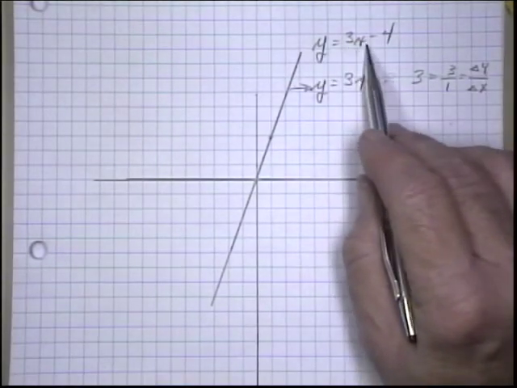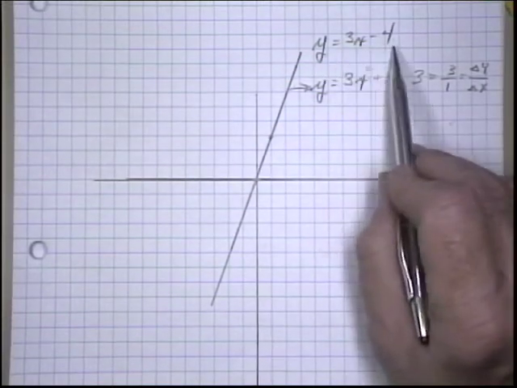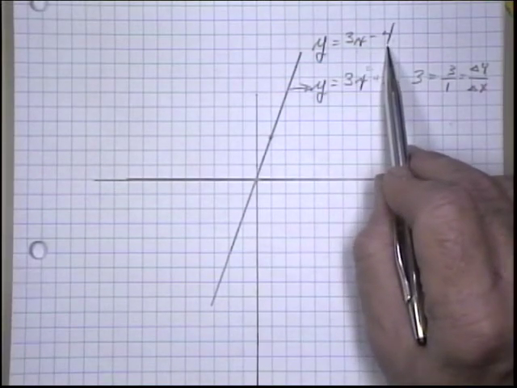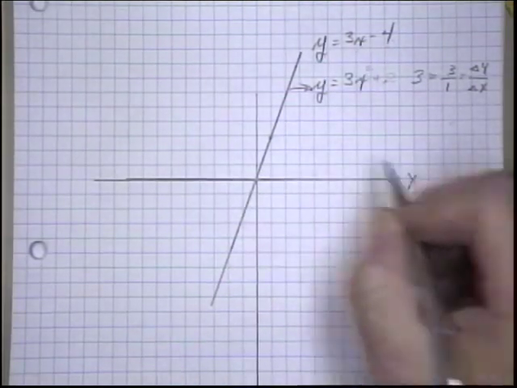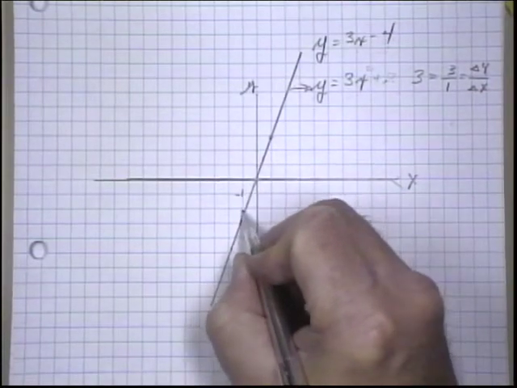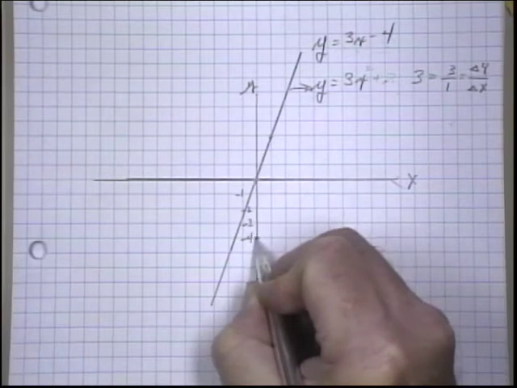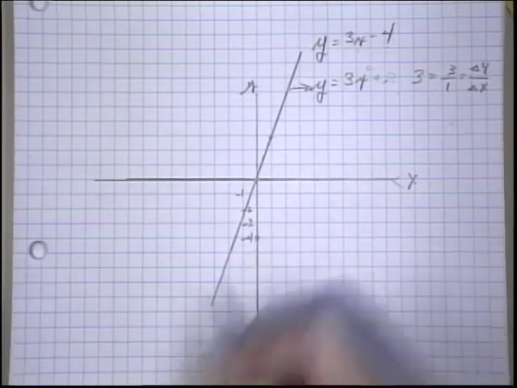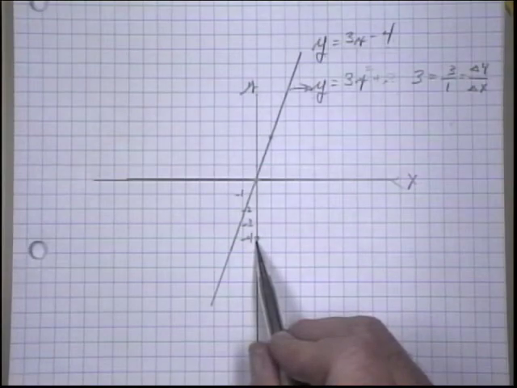y equals 3x minus 4. In this equation, our minus 4 is the y-intercept. Minus 4. So if this is x and this is y, this is minus 1, minus 2, minus 3, minus 4, right here. So we know this line passes through this point.